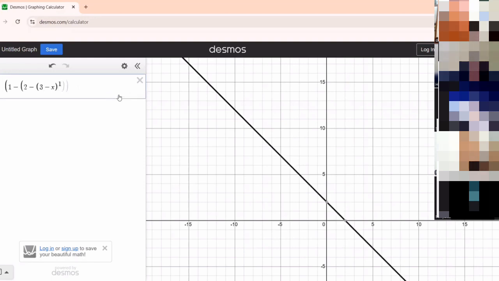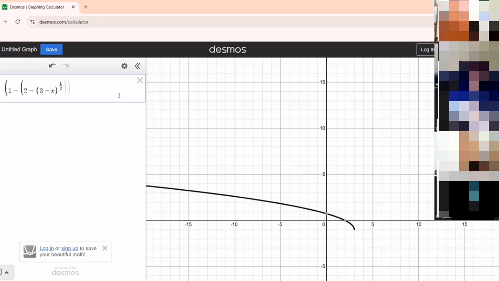So 3 minus x was first under the root, and followed by 2 minus x was that part which was under the root. Followed by the last thing that was under the root. Going to give that.